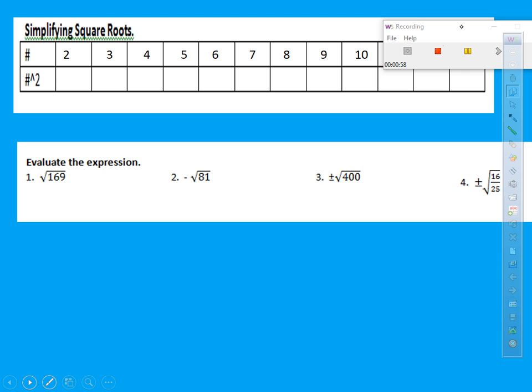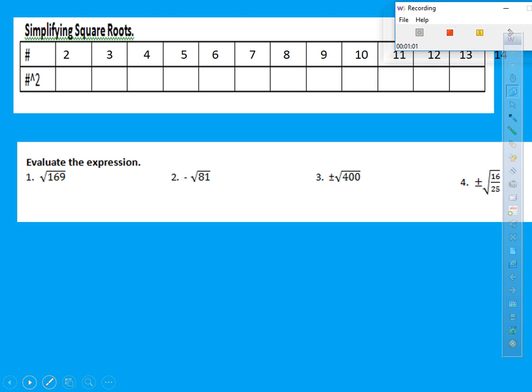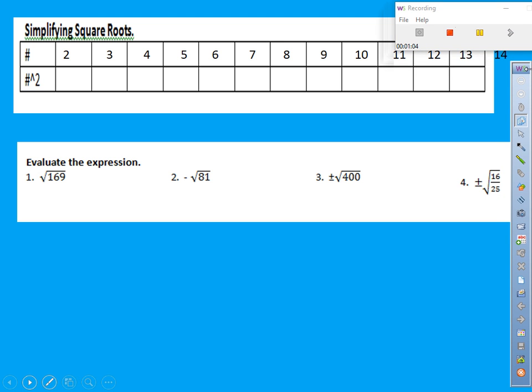Notice that I've given you a worksheet or a chart up in the top. We're going to fill that chart out. What I mean by fill that chart out is that in the bottom row we're going to generate numbers that you should know the square roots of. Those are numbers that we enjoy seeing because they have a square root. So we're going to quickly fill out this bottom.